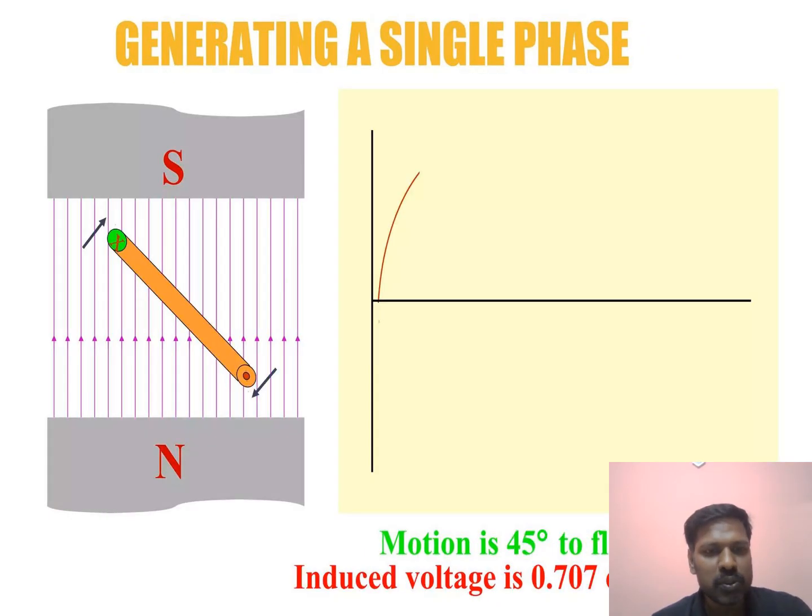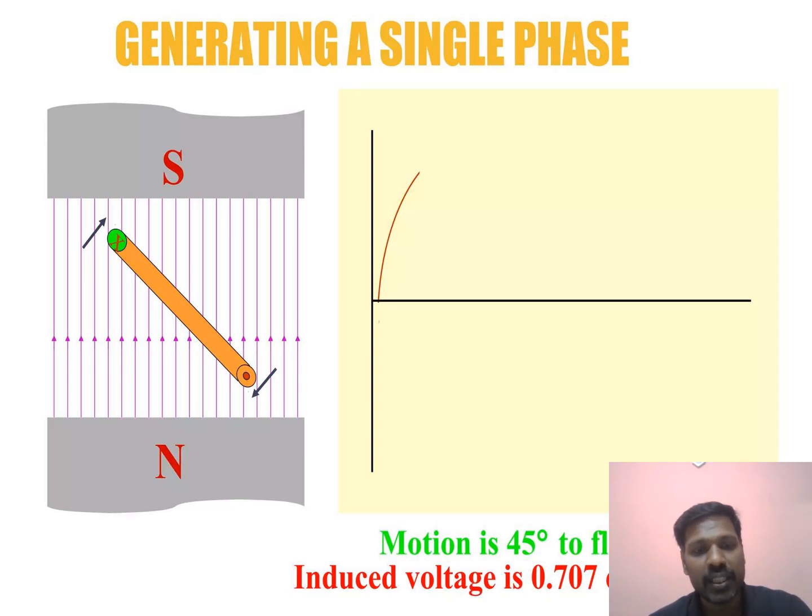When the conductor moves at 45 degrees to the flux, as you can see in the diagram, the induced voltage is about 0.707 of its maximum value.